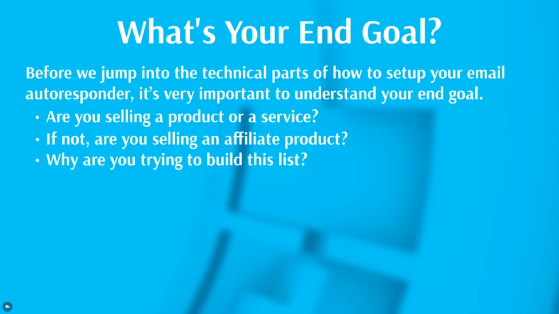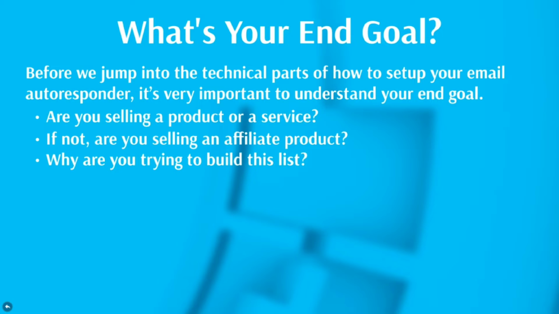Instead, you can provide a little bit of value and build that relationship up front. And then, of course, you can sell somebody else's product. So it's similar, but it's a little bit different slightly. But knowing your end goal is key. So if you're selling your product or service right now at this very moment, then write that down. If you're not, and you're selling an affiliate product right this moment, then jot that down.